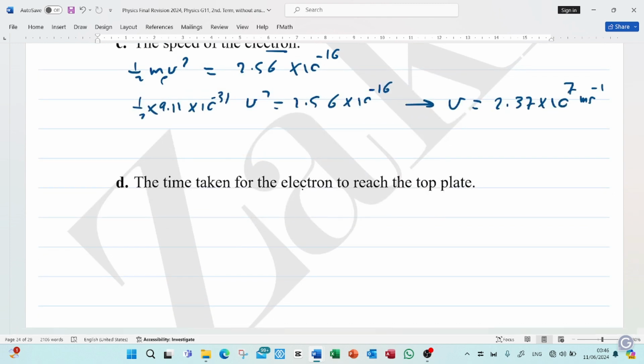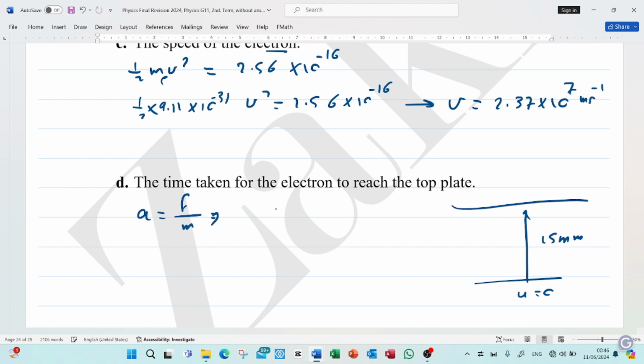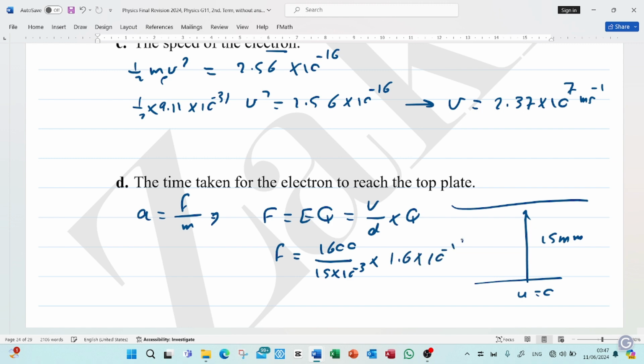The time taken to reach the top. Now here we have the distance. It starts at rest and moves up 15 millimeter. First of all, we calculate the acceleration. How? a equals F over m. Now, the force here we don't have. The force equals E times Q. E is V over D, times Q. So the force equals 1600 over 15 times 10 power negative, multiply charge of electron 10 power negative 19.